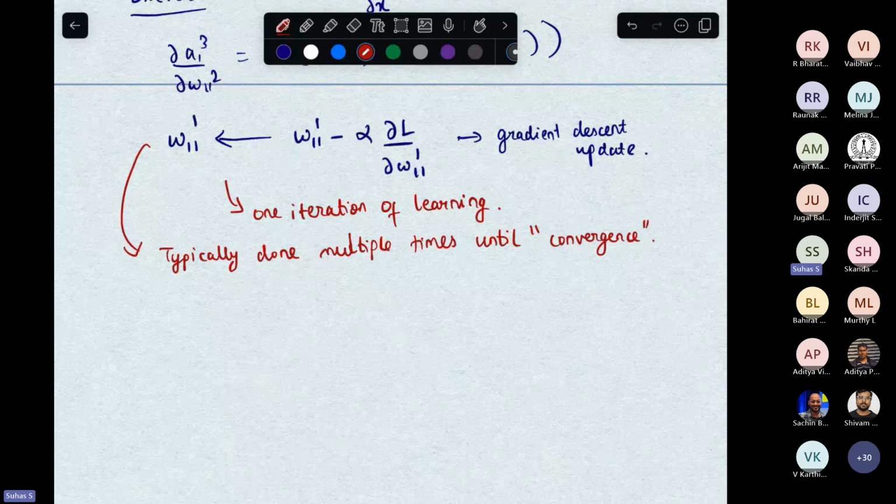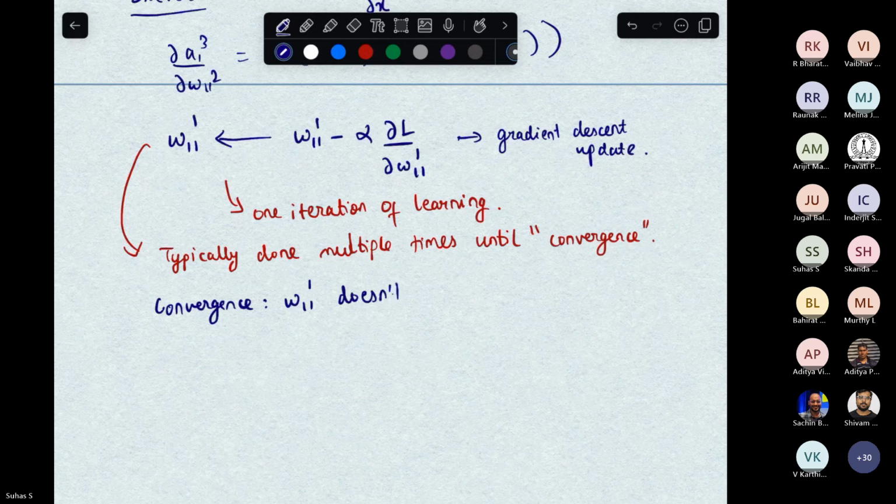So what I mean by convergence is that the weight does not change too much as you keep updating. So what convergence means is that W11 of 1 doesn't change significantly.